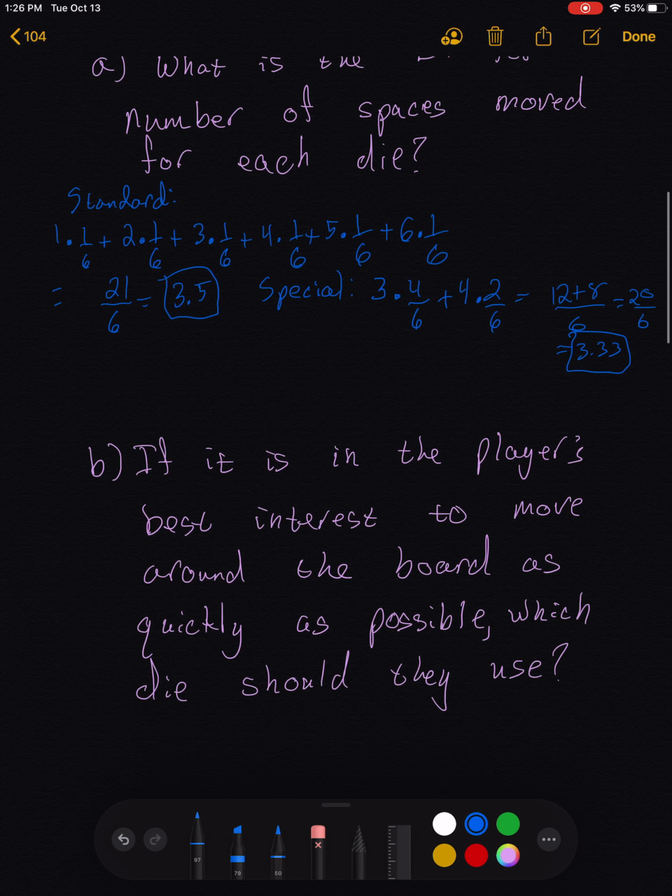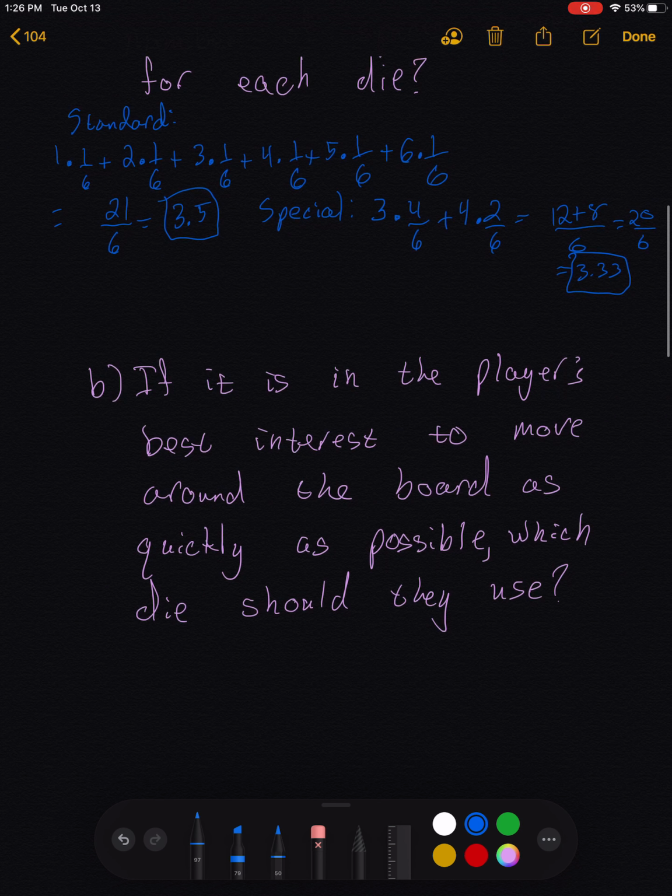Okay, suppose that it's in the player's best interest to move around the board as quickly as possible, meaning on their turn, they want to move as many spaces as possible on average. The question is, which die should they use? Well, this is as simple as just picking the die with the higher expected value. Again, expected value is telling you in the long run what the average value of each roll is going to be.